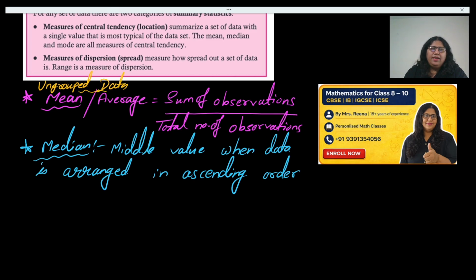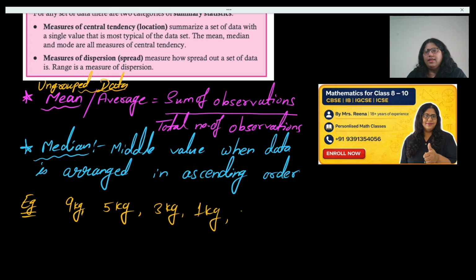Okay, so let me take one example to understand median. Suppose the values are given as the weights of some fruits, watermelons: 9 kg, 5 kg, 3 kg, 1 kg, and 2 kg. What is going to be the middle value?